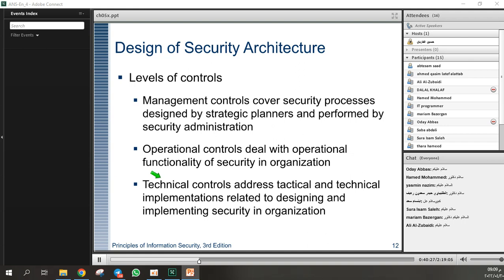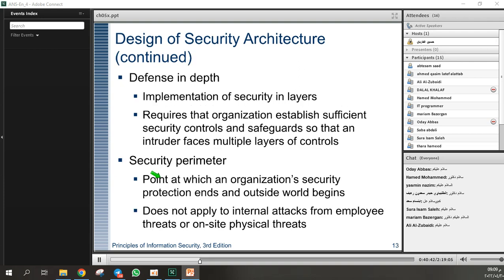So I'm looking for a multi-layer security architecture. A multi-level security architecture.